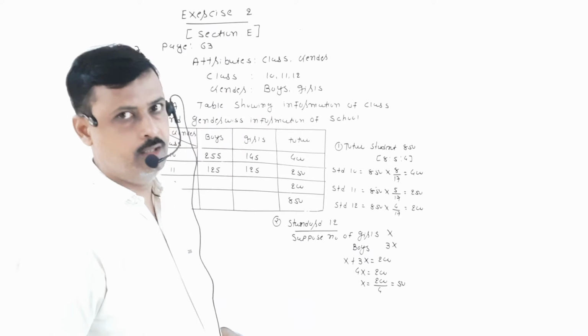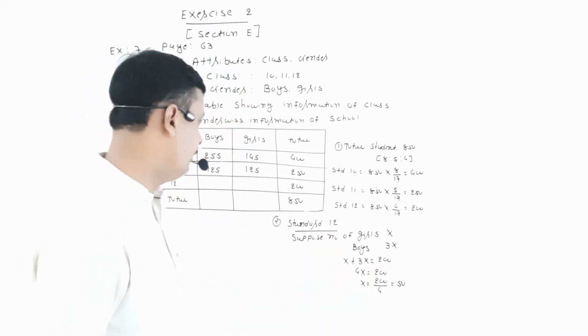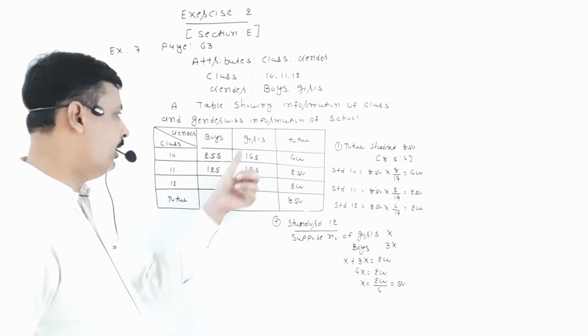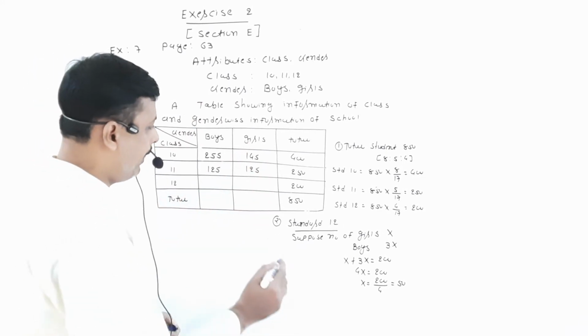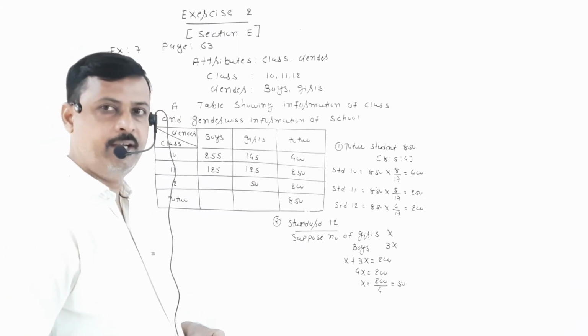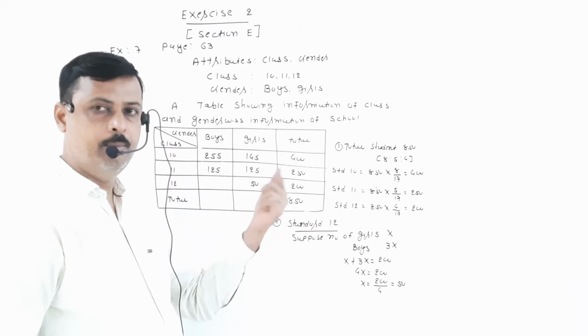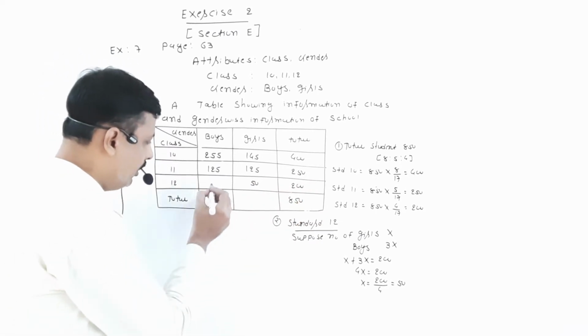So number of girls in standard 12, that is 50. And boys were 3 times, so girls 50, 3 times means 50 multiplied by 3, 150.